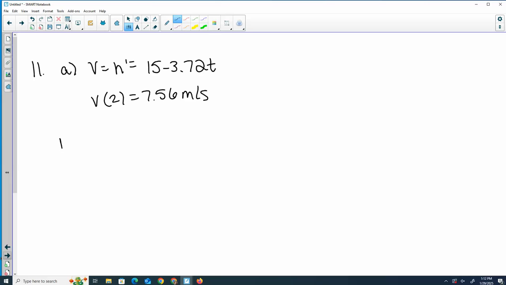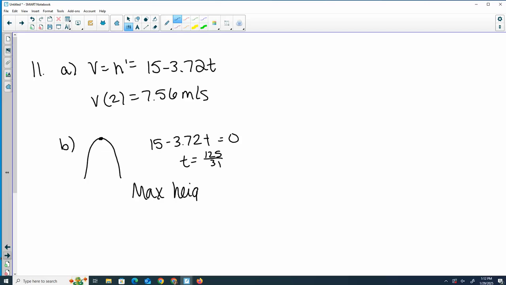B, the maximum height. So think about your height. It's a parabola. Anytime I ask for a maximum or minimum, what are we doing? The derivative equal to 0. We already found the derivative in part A. So we set that equal to 0 and solve, and you get t to be 125 over 31. That's the time. I asked for the maximum height, so what do you have to do?